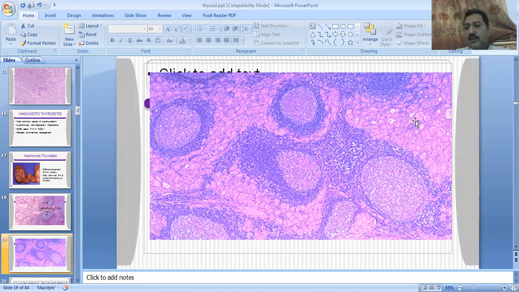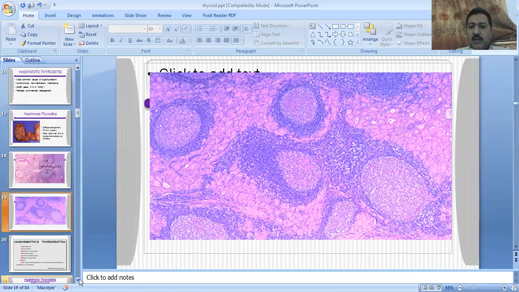So by this you can recognize that the tissue is taken from the thyroid gland by seeing these thyroid follicles and accumulation of the colloid material. So this was all about Hashimoto thyroiditis morphology.